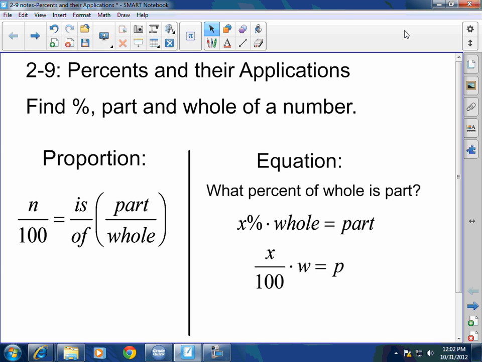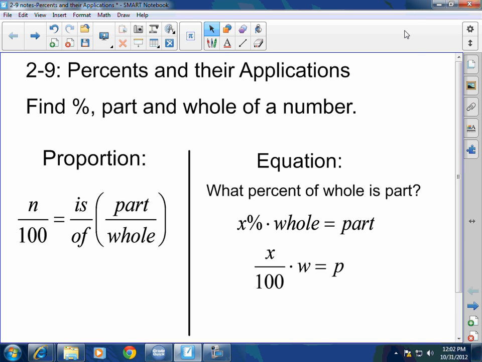There are 2 methods to doing this, the proportion method and the equation method. I find the proportion method infinitely easier than the equation method, but I like to teach both ways because different people learn different ways.